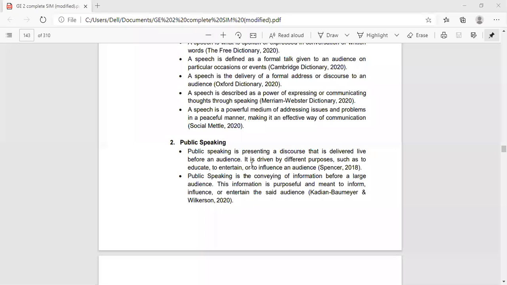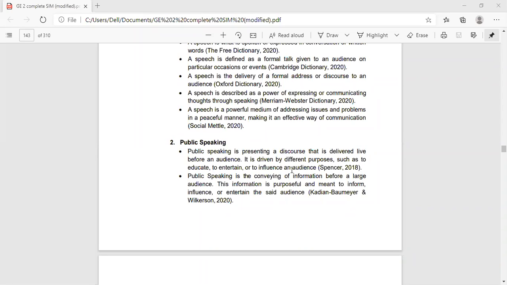It is driven by different purposes such as to educate, to entertain, or to influence an audience. That is why as a speaker, the two most important things you have to determine before speaking are, number one, the type of audience that you have, and number two, the purpose of your talk. If you are able to determine that, then that will determine the direction of your talk.